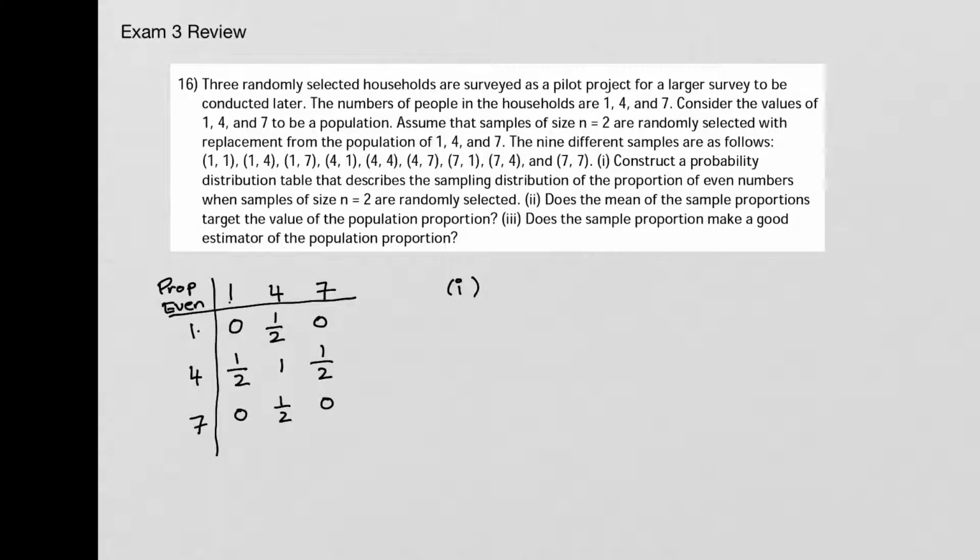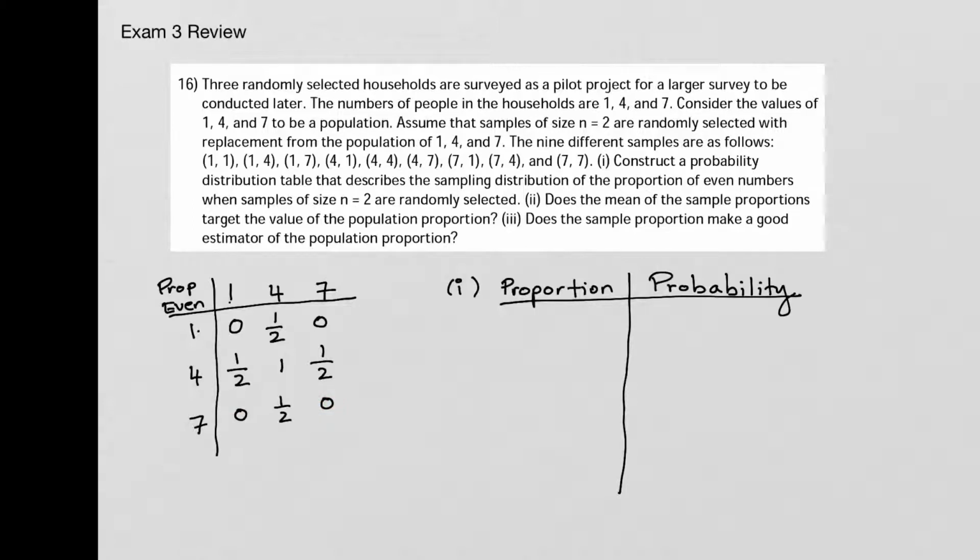I'm going to do that over here. So I have my proportions, and then I have the associated probability. So, first of all, I've got the number 0. That shows up 4 times in my list.